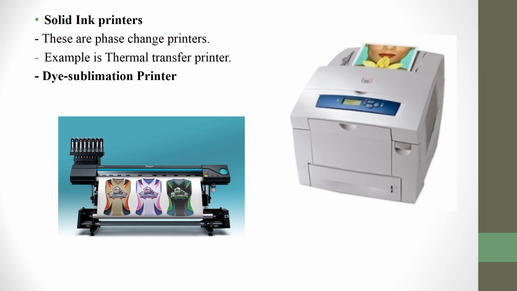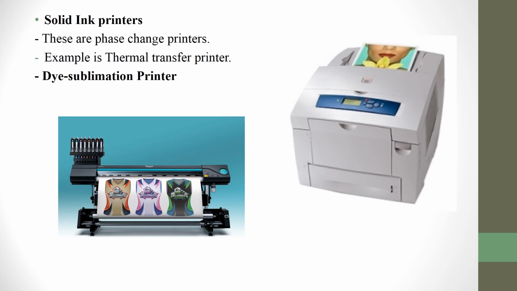Dye sublimation printer. A dye sublimation printer, or dye sub printer, is a printer which employs a printing process that uses heat to transfer dye to a medium such as a plastic card, paper or canvas. The process usually lays down one color at a time using a ribbon that has color panels.